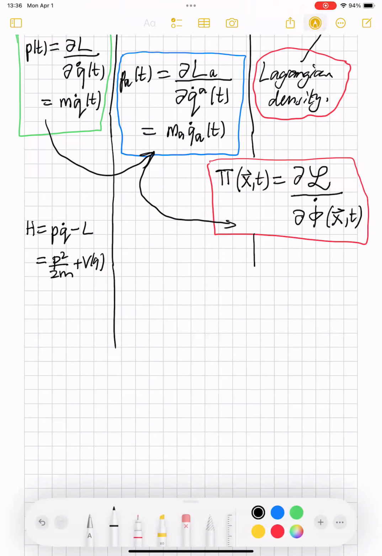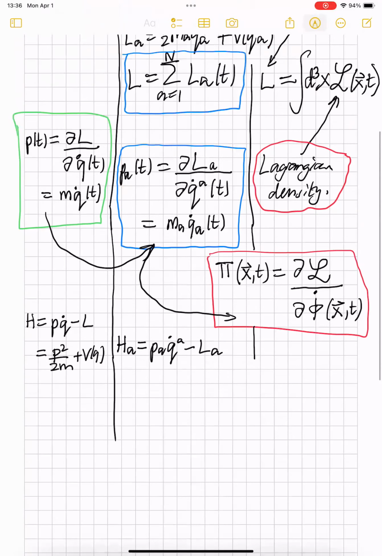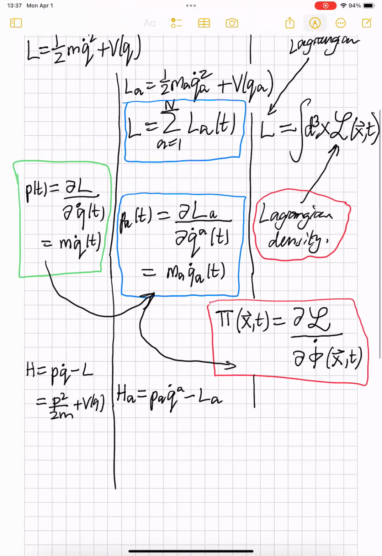Good. Okay. Now let's work out what is the Hamiltonian for the n particle system. Well, again, we're going to get the total energy. The energy will be a sum of the energies for each particle. And for the Ath particle, H_A will be equal to p_A q dot_A minus L_A. And again, you know what p_A is, and you know what L_A is, so just plug it in.